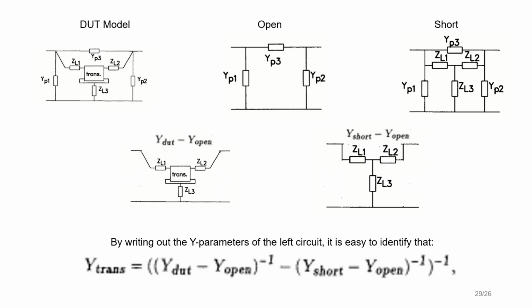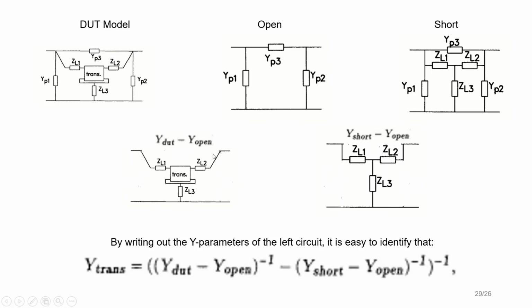Thus, if we were to subtract the Y parameters of the open network from the Y parameters of the DUT model that we had assumed, we would find ourselves with the Y parameters for a network as shown on the bottom left.